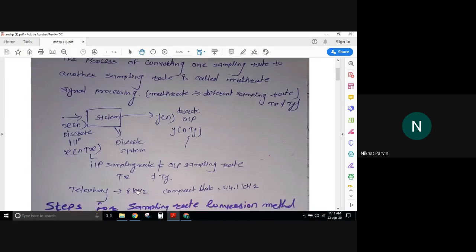Here, the example I was giving is a telephone signal which operates at a sampling rate of 8 kilohertz, and a compact disc which has a rate of 44.1 kilohertz. When you send this data through your telephone lines, your system is now the communication channel through which you are sending the CD data.